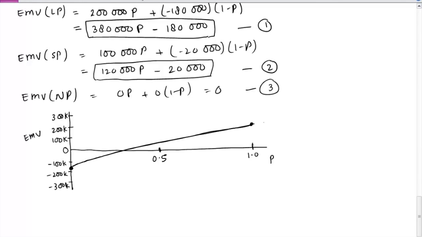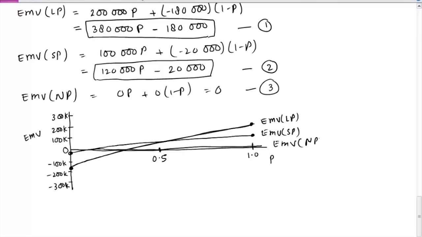So this is for EMV large plant. Similarly, if we use equation 2, if P equals 0, you get negative 20,000, which is somewhere here. And with P equals 1 you get 120,000 minus 20,000, actually you get 100,000, so it is somewhere here. And this line here is EMV no plant.